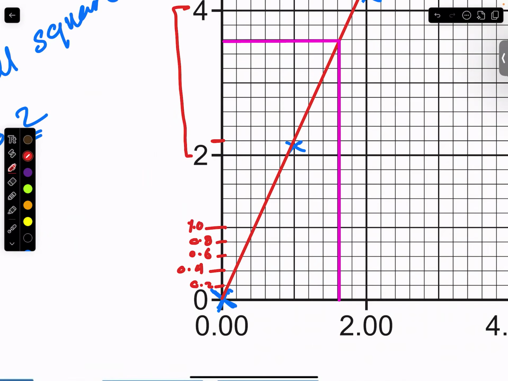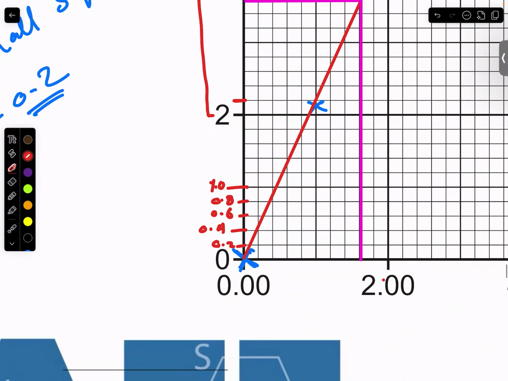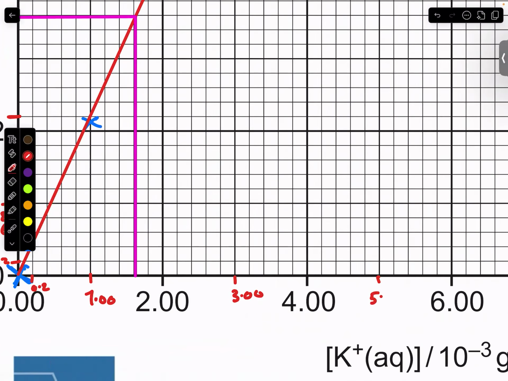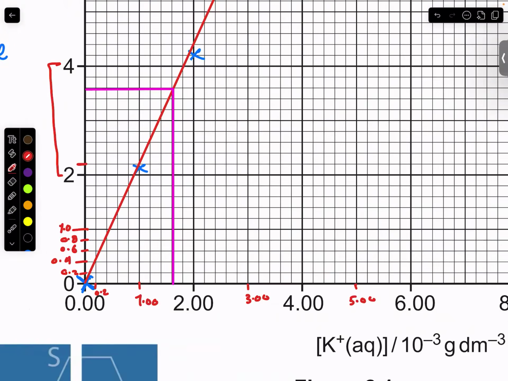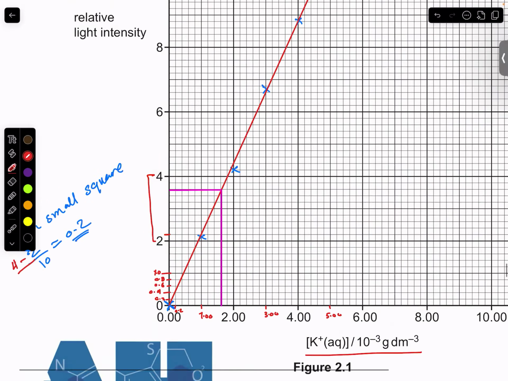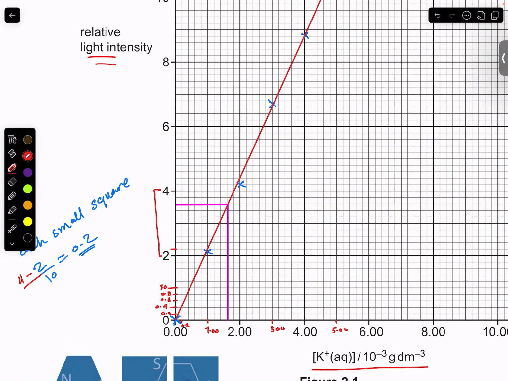This one is 1, and so on. And here also 2 divided by 10. So also this one equals 0.2, 0.4, 0.6. Here 1, 2, here 3, and so on. Here 4, here 5, and so on. And this is the relation between the concentration of potassium ion and the relative light intensity.